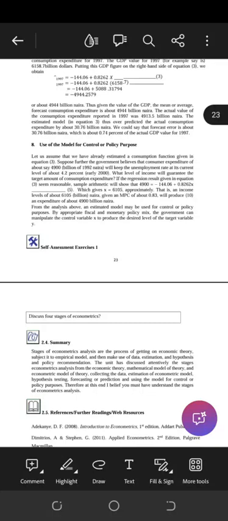Right? So the consumption value, given the value of the GDP, the mean or average forecast consumption expenditure is about 4,944 billion naira. So the actual value of the consumption expenditure reported for 1997 was 4,913.5 billion.